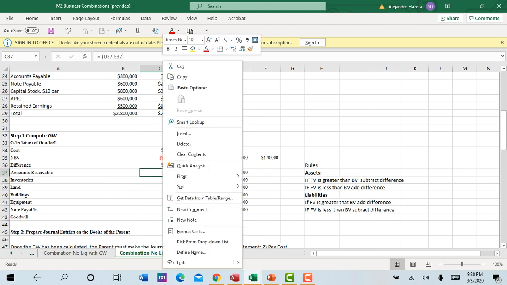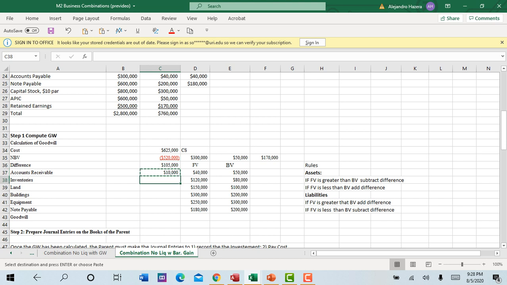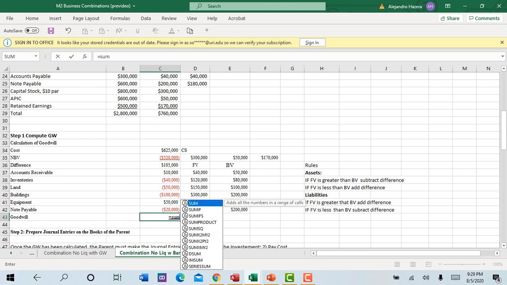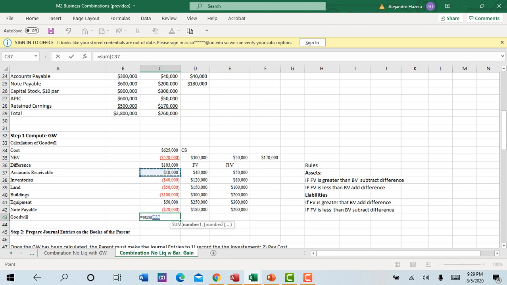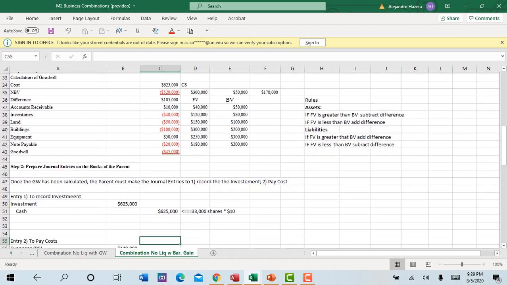We can just copy those down here. All the assets look good. And for the notes payable, the rules for liabilities are if fair value is greater, add; if fair value is less, subtract. So we subtract those two, we get 20. And if we sum, starting with this difference here, you'll get your negative 45. So that's how I got that.